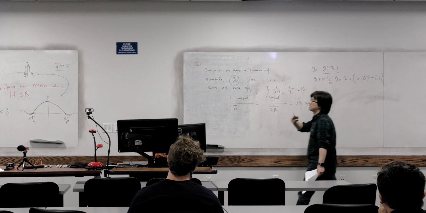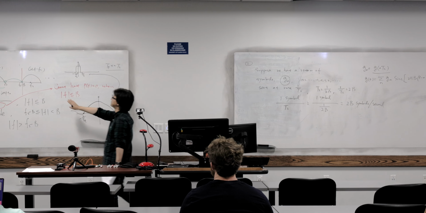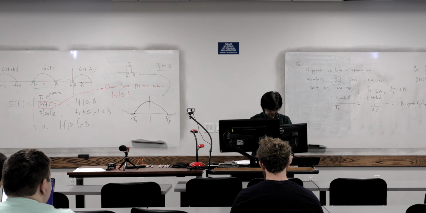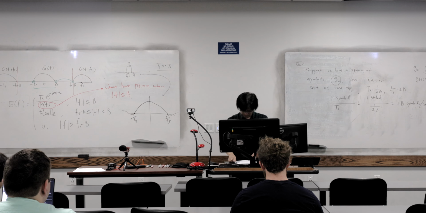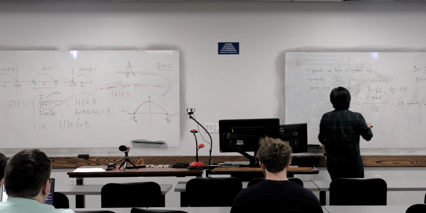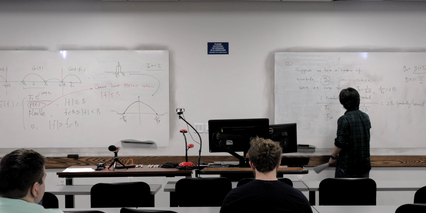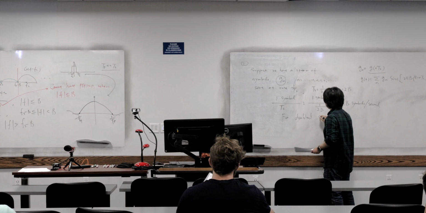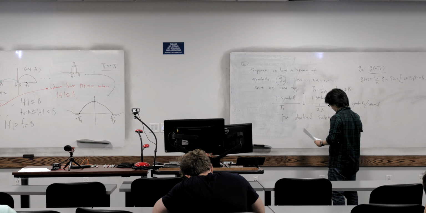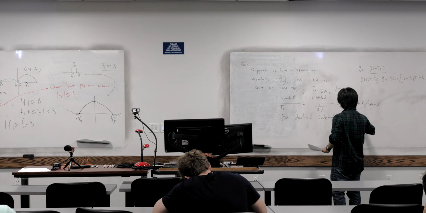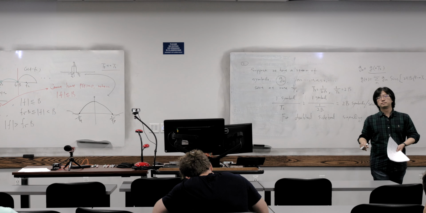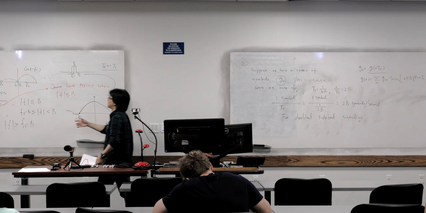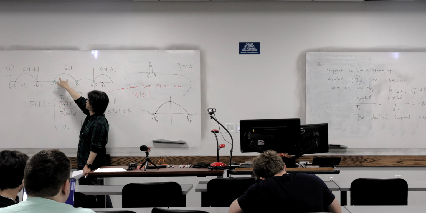Now, this is just for a baseband signal. But if we consider a double sideband signaling, it basically means that we shift this here, and then we have another one on the other side.